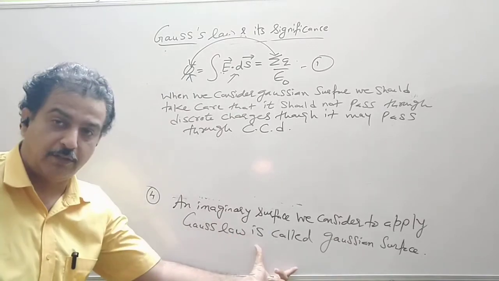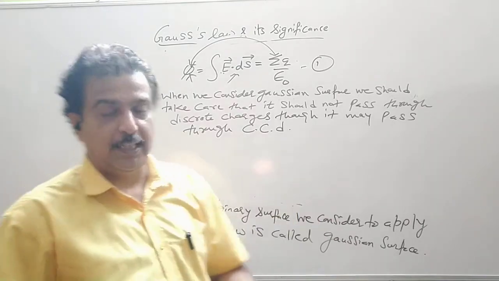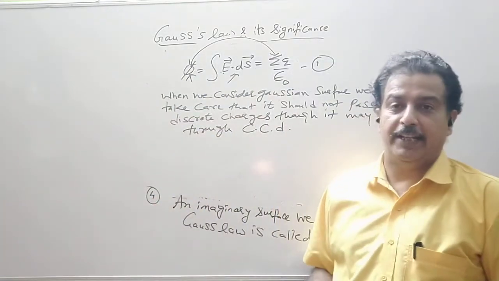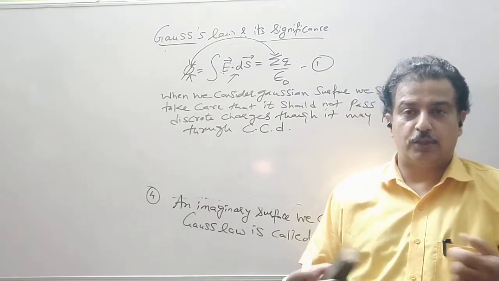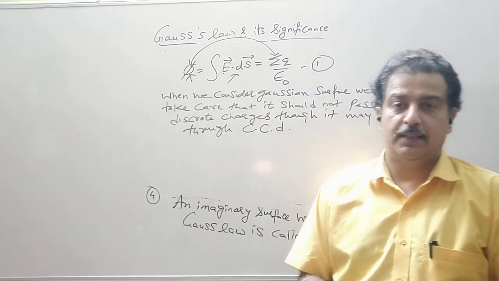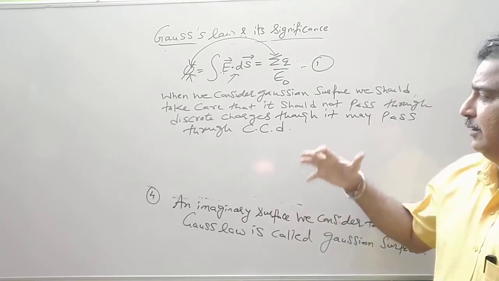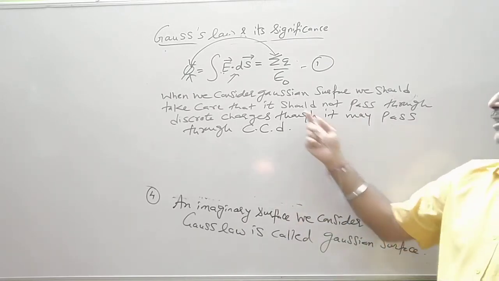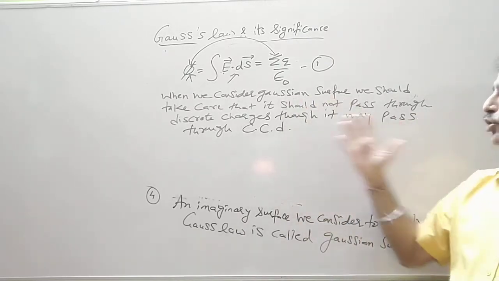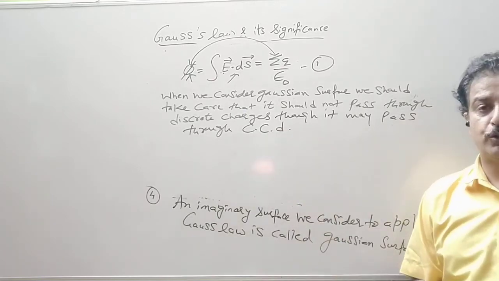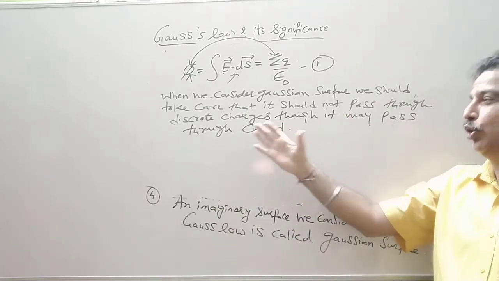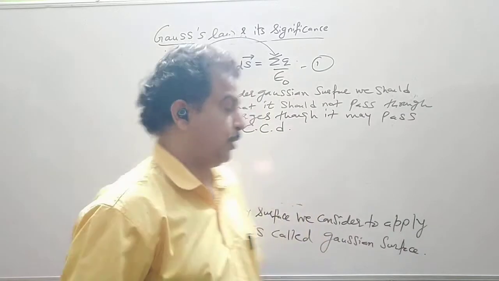It is a Gaussian surface, and it should be in such a way that the charge is enclosed inside the surface. But sometimes we will consider the Gaussian surface passing through a continuous charge distribution, though it should not pass through the discrete charge distribution.